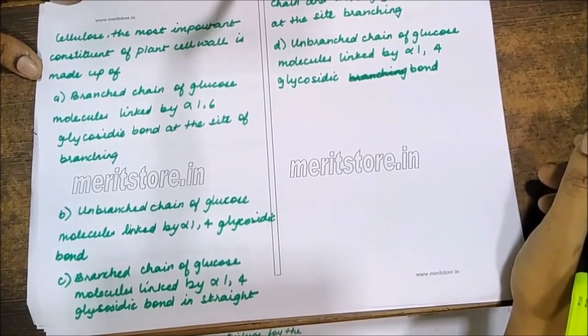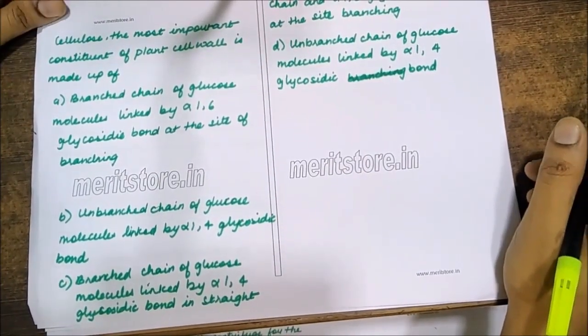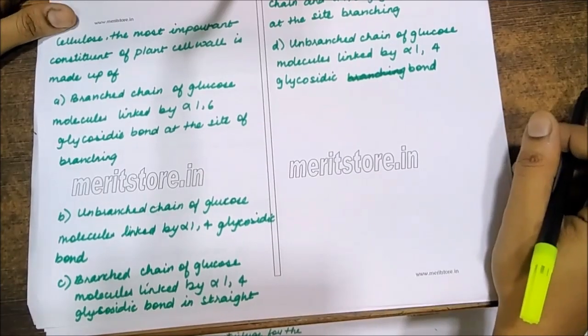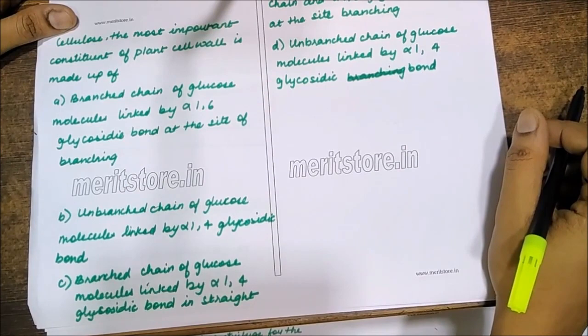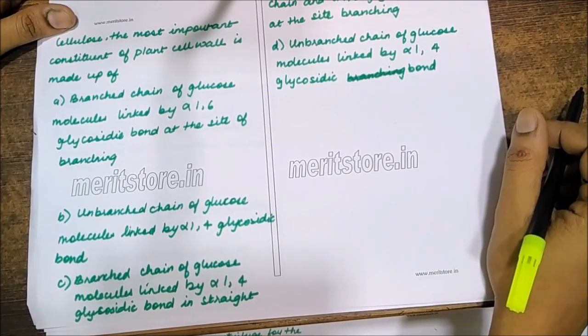First, there are some more questions which say cellulose, the most important constituent of plant, is made up of branched chain of glucose molecules linked by alpha 1,6 glycosidic bond at the site of branching.